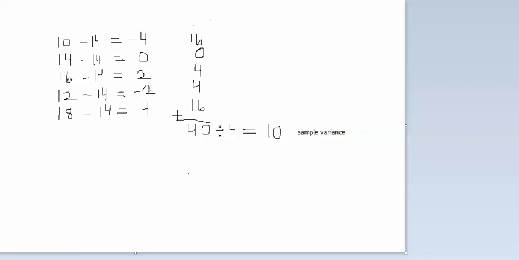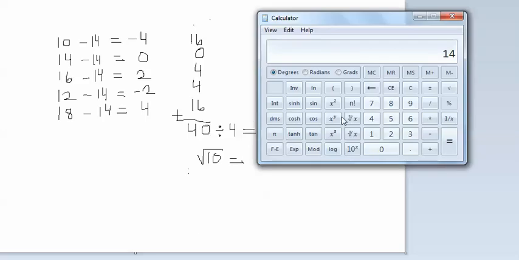So what if we take the square root of our sample variance? We take the square root of 10. Put the square root key right here. We get 3.16, and you can round that to 3.2.